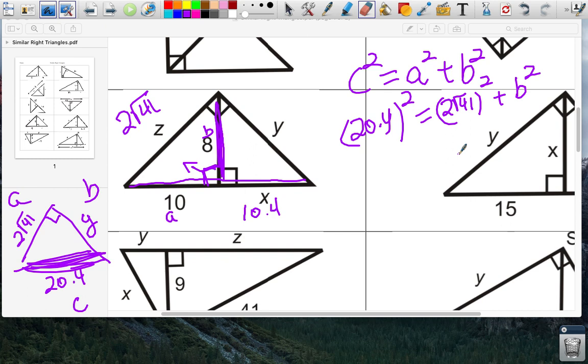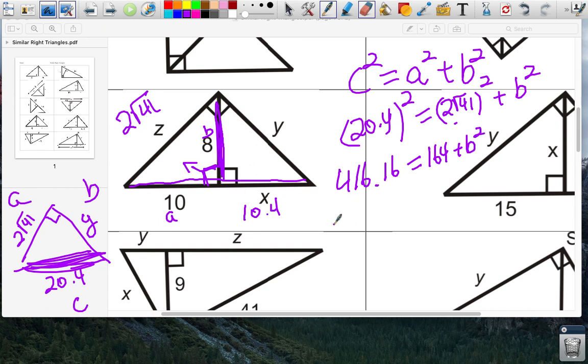So 20.4 times 20.4 equals 416.16. And 2 square root of 41 to the second power is 2 squared, which is 4, times the square root of 41 squared, which is 41. So we multiply 4 times 41, and that gives us 164. So I'm going to write 164 plus b squared.